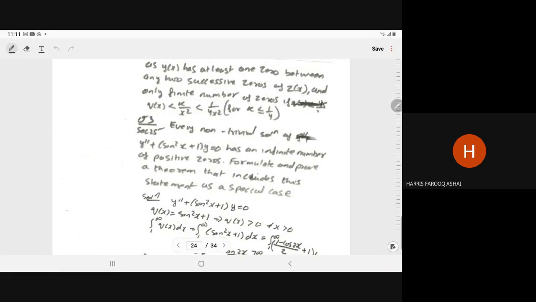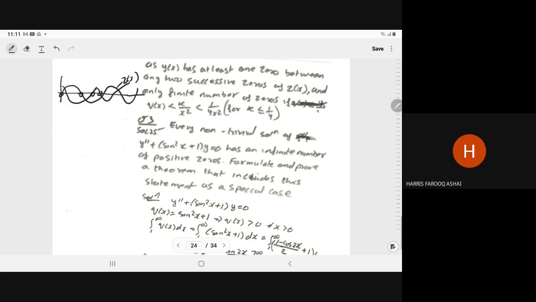Now, as y(x) has at least one zero between any two successive zeros of z(x). If this is the z(x), we have seen that it has infinitely many zeros. So between two successive zeros we have at least one zero of y(x).